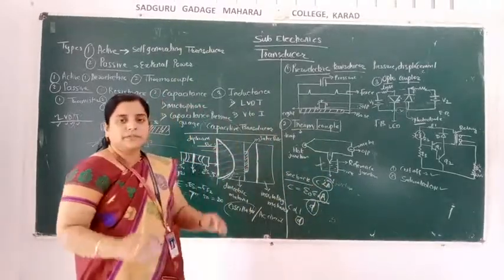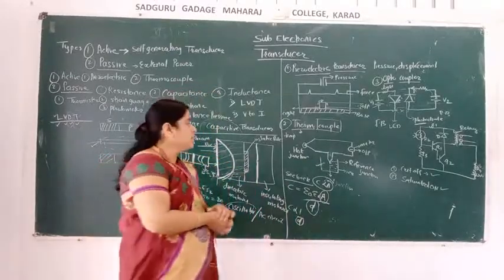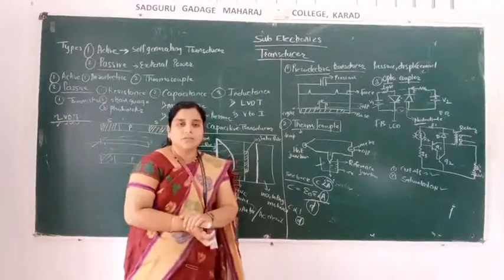So if the distance is more, then a maximum frequency will be obtained at the output. So this is your capacitive transducer.